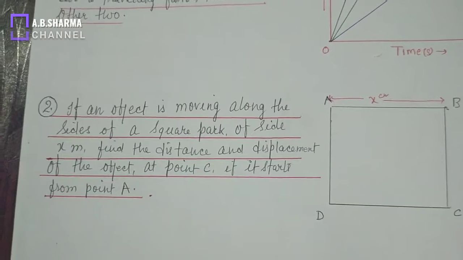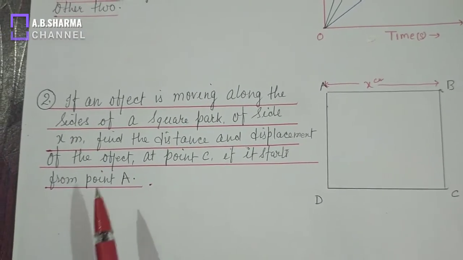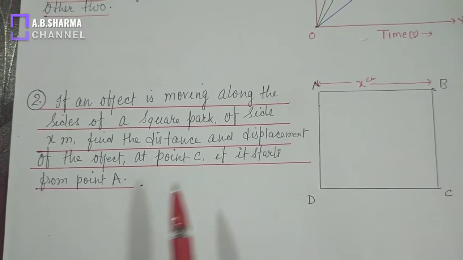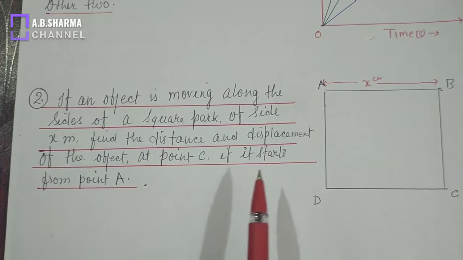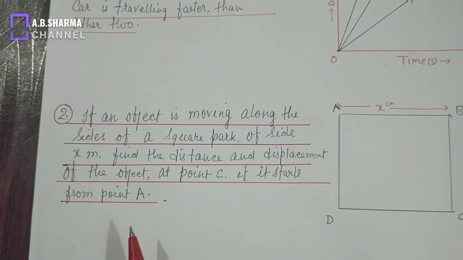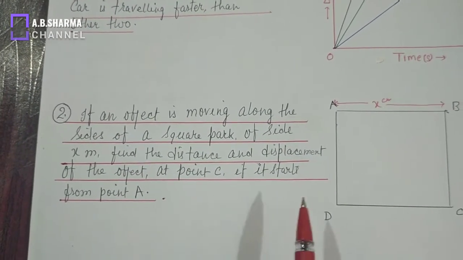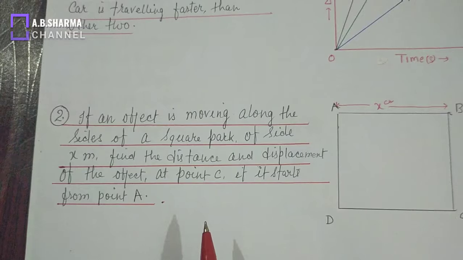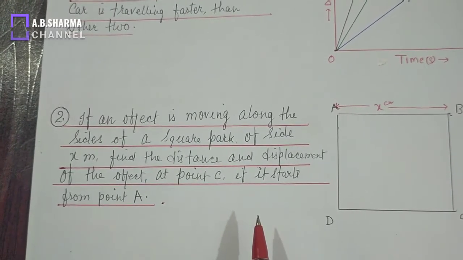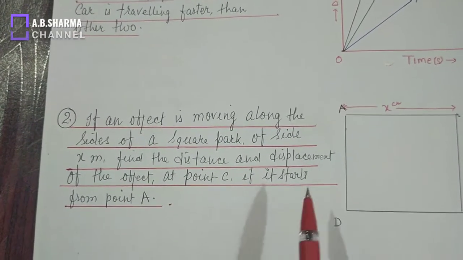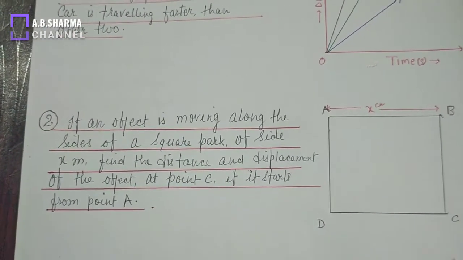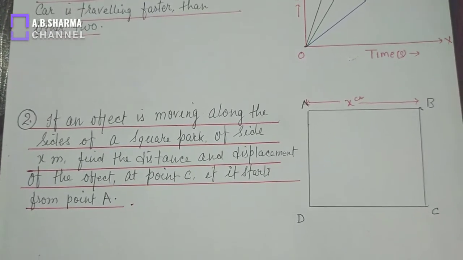Second question is that if an object is moving along the sides of a square park of side x meter, find the distance and displacement of the object at point C if it starts from point A. So this is the question. You first try yourself.